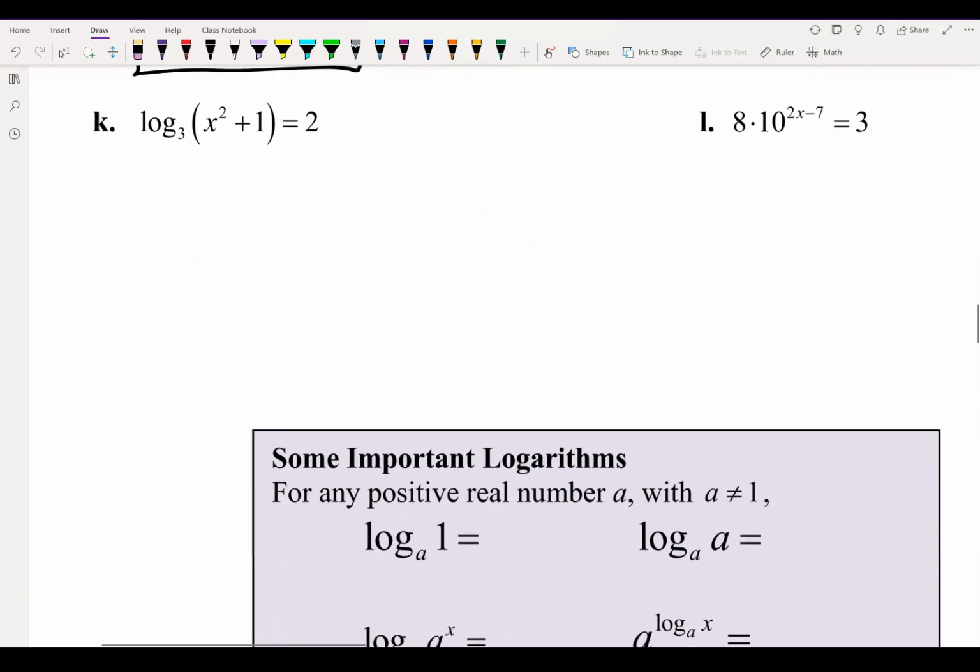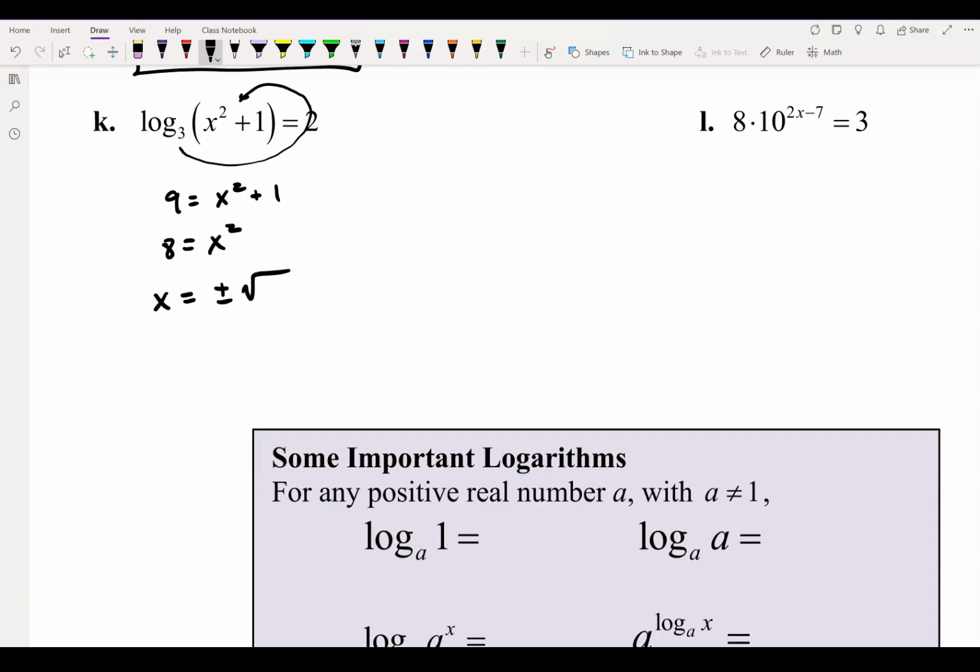So we're going to take 3, raise it to the second power to equal that. So 3 squared is 9, and that equals x squared plus 1. And now we're going to go ahead and subtract 1 from both sides, so we have this. And then if you notice, we can take x to be equal to plus or minus the square root of 8.